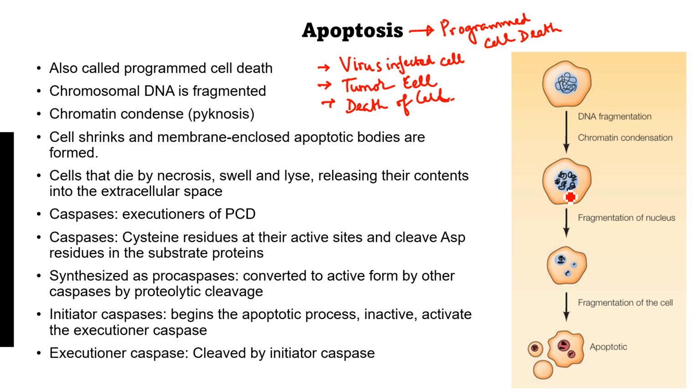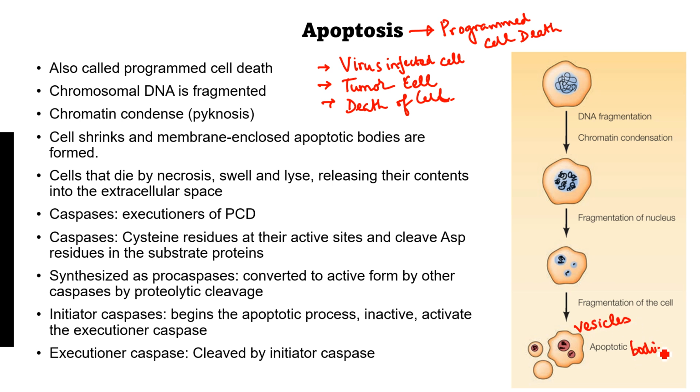The nuclear lamina is present inside the inner nuclear membrane, and this nuclear lamina actually gets degraded. Once it is degraded, the nucleus gets fragmented, and this fragmentation of the nucleus leads to fragmentation of the cell, which results in very small vesicles. These vesicles are called the apoptotic bodies.